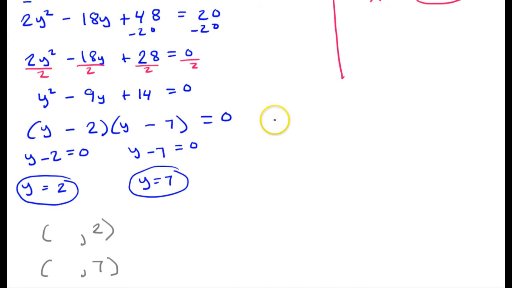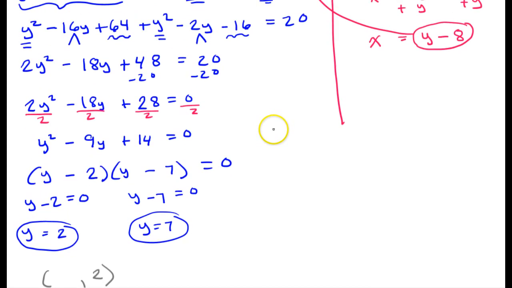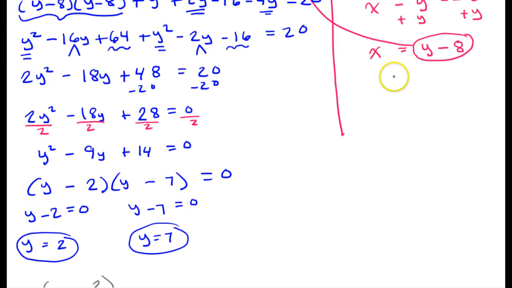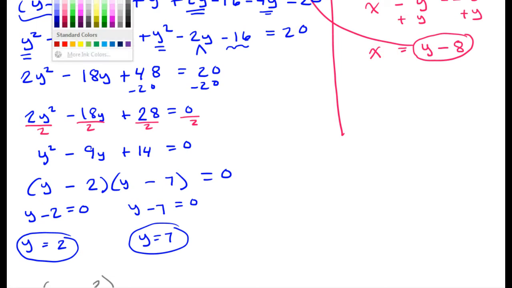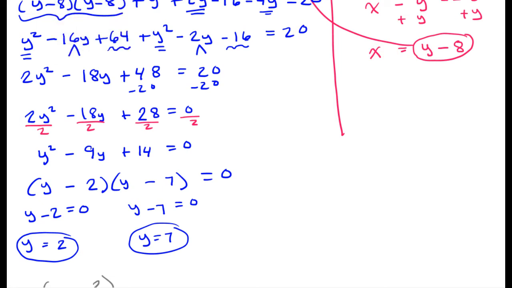So where will I get these x values from? Well, look back over here. We have this little equation that we can use. This little equation will help me find x values. So let y equal 2, our first y value.